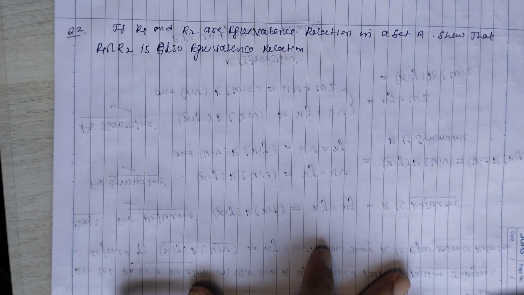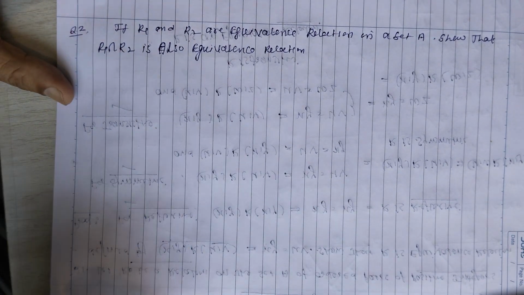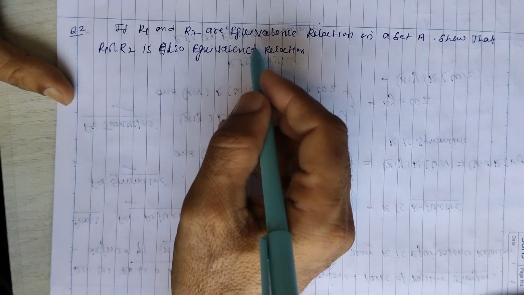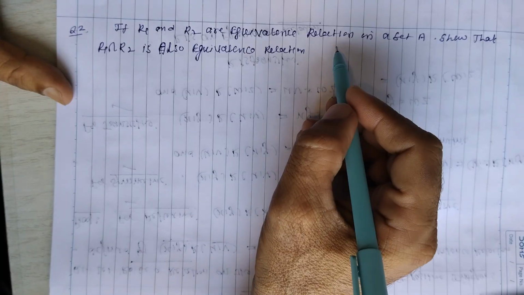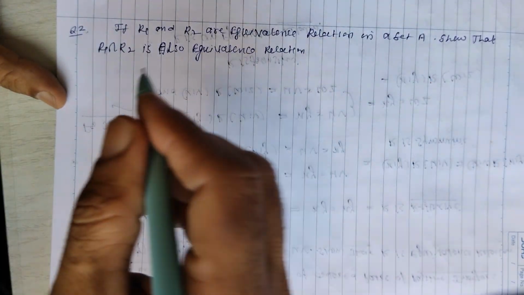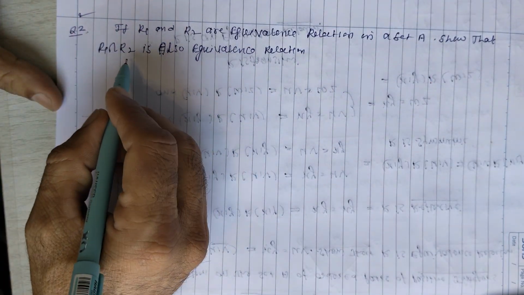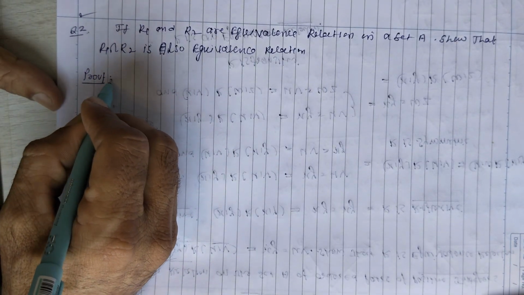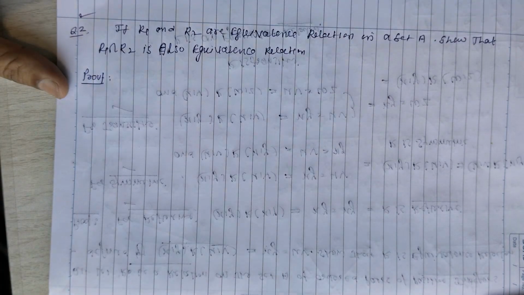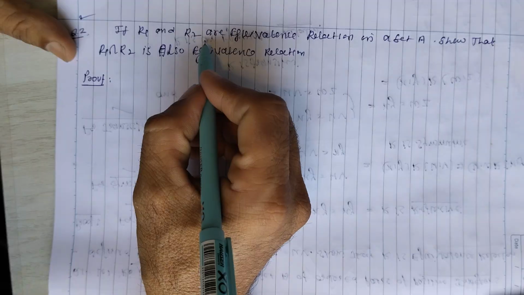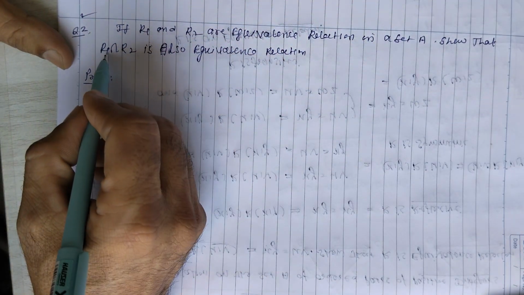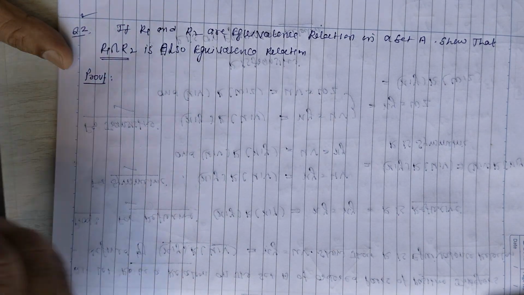नेक्स्ट क्वेश्चन हमारे पास है, if R1, R2 are equivalence relations in a set A, show that R1 intersection R2 is also an equivalence relation. Correct? It is one of the most important questions. R1, R2 are equivalence relations. Show that R1 intersection R2 is also equivalence.